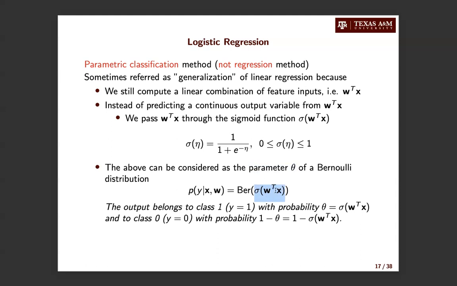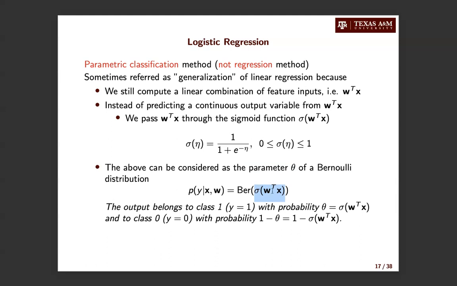The W transpose X essentially represents a linear combination of our input space. And through this sigmoid function, this linear combination of our input features is being transformed into a probability. Therefore, this probability can be a very appropriate fit for being the parameter of our Bernoulli distribution.